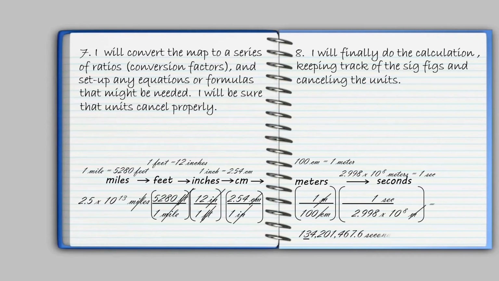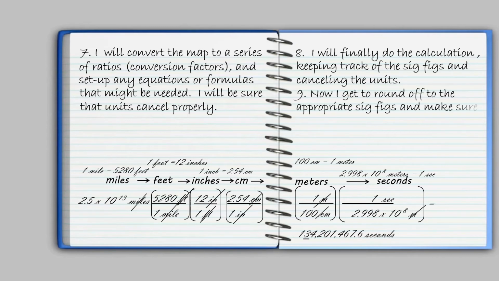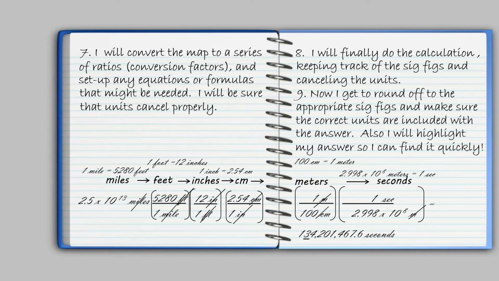All right, look at that baby my calculator just produced. Now it's time to round off our computed value to the appropriate sig figs and make sure that we have units appended to the answer. In a calculation like this, which is just a simple series of multiplication-division computations, figuring out the sig figs is quite easy.